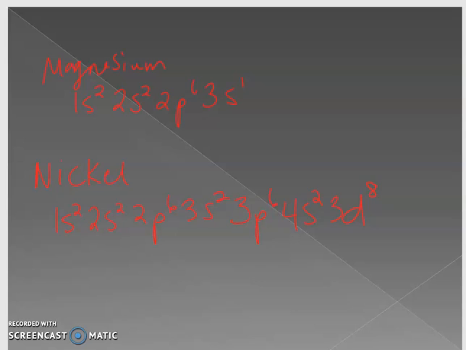So here's an example. If we have magnesium, which is going to be 1s2, and then 2s2, 2p6, 3s2. So our valence electrons in this case are going to be these 3s2, and so we have 2 valence.